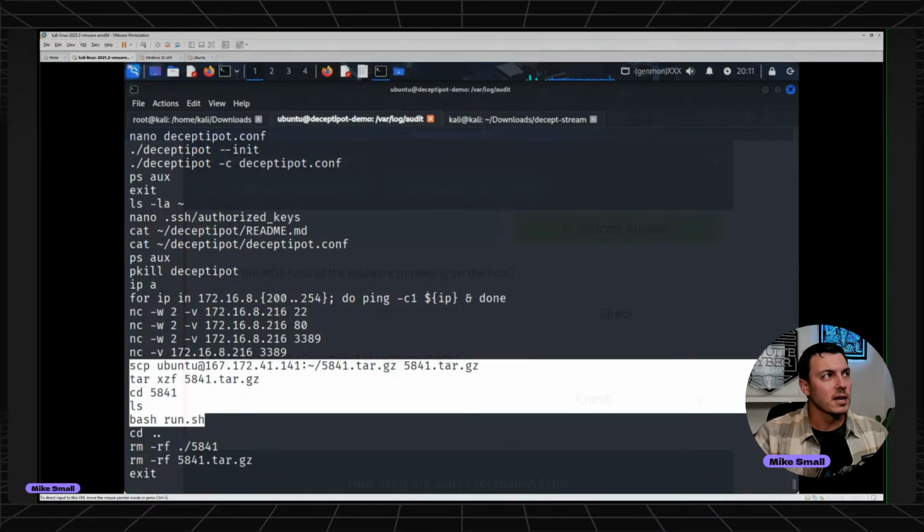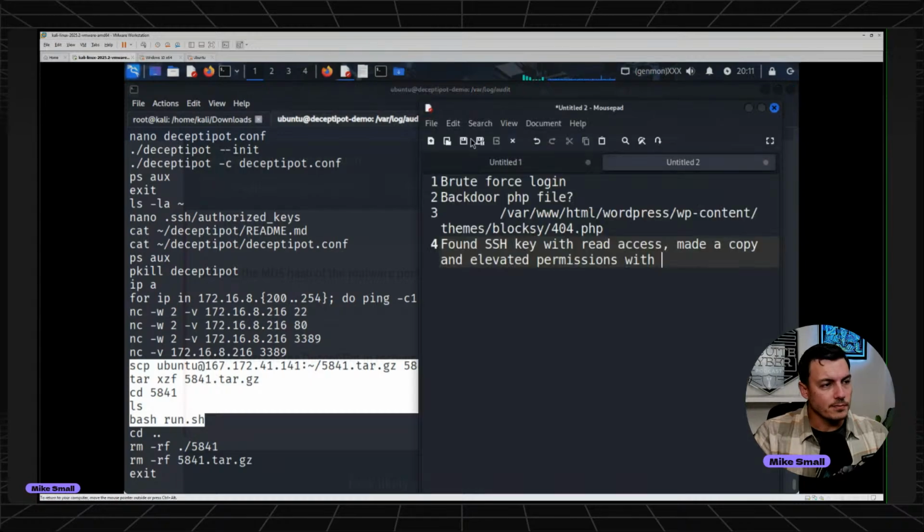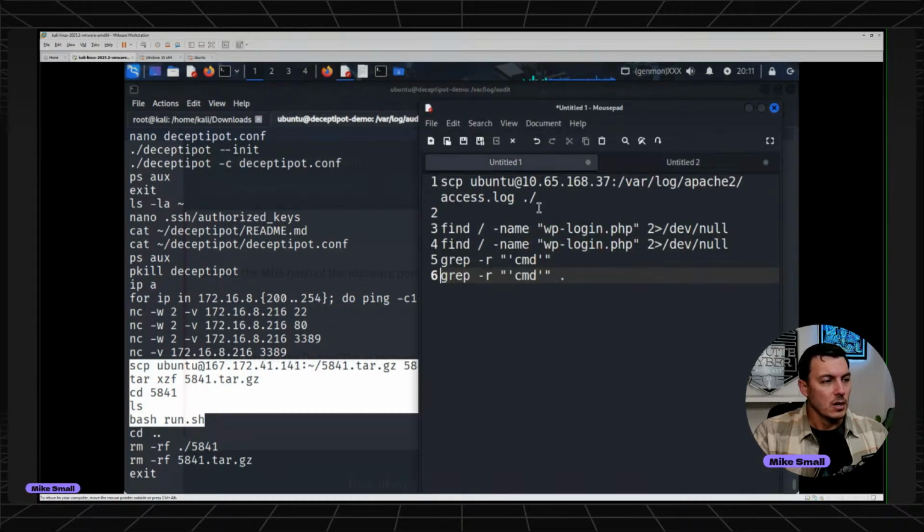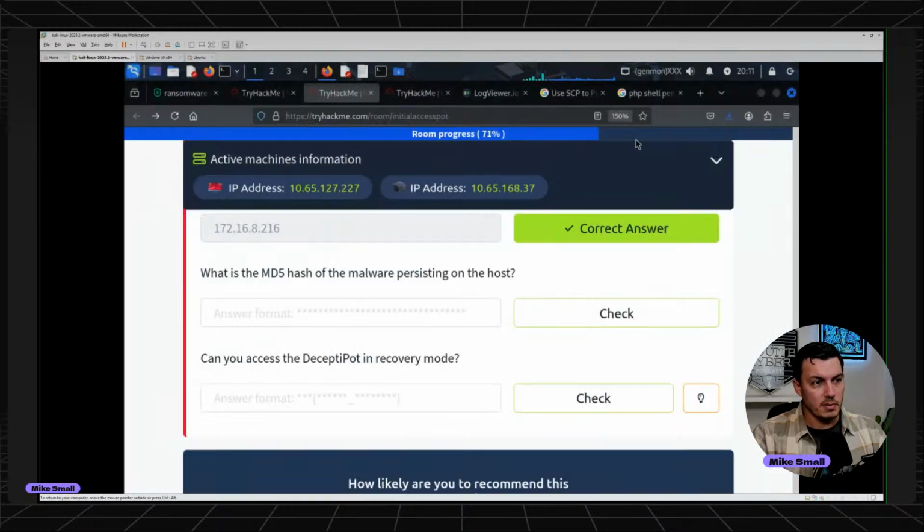So for us, let's do a search. We know over here we have a grep command where we can search anything recursively for something, right? In this case, we are going to search for something else, and it's going to be the attacker's IP. Where's the attacker's IP? Well, we have it right here.